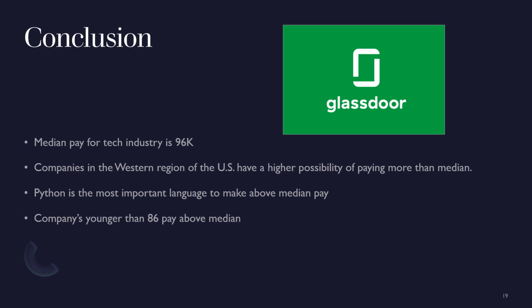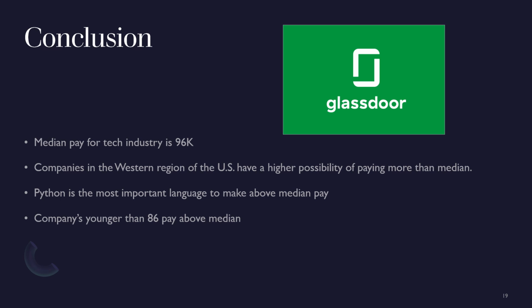So we can finally come to the conclusion that you need to live in the Western United States, know Python, and look for any company that is younger than 86 years old. And this should be fairly easy because the oldest tech company is IBM, and it was founded in 1911.